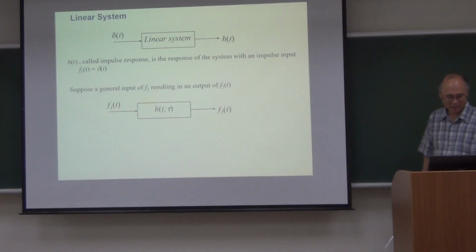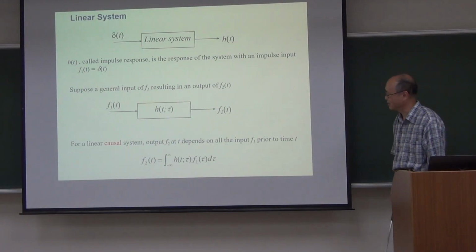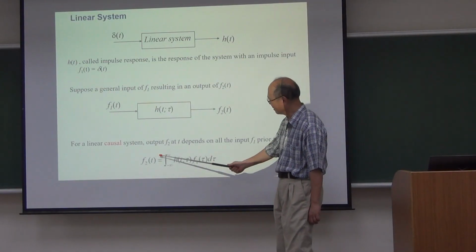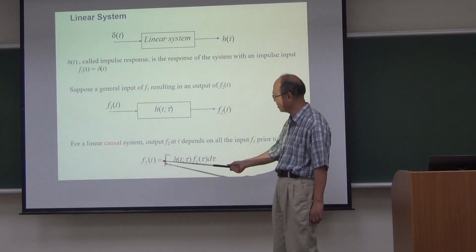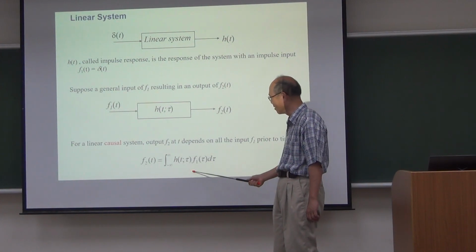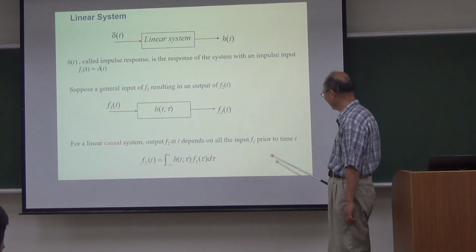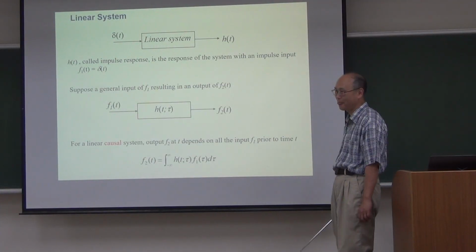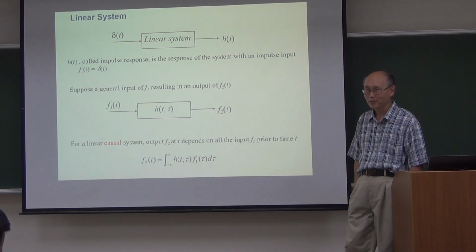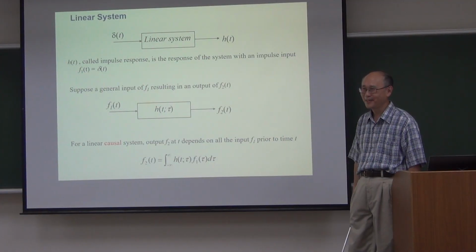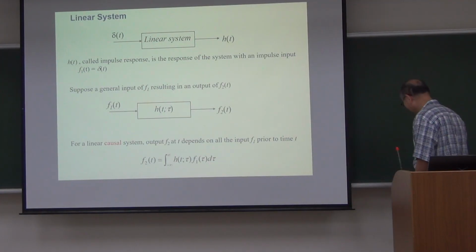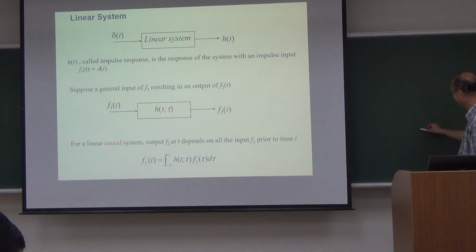In other words, it's like this. The output from this linear system is a superposition of all the impulse responses before this time t. You remember this? You can have some delta function excitation, and you have some output.